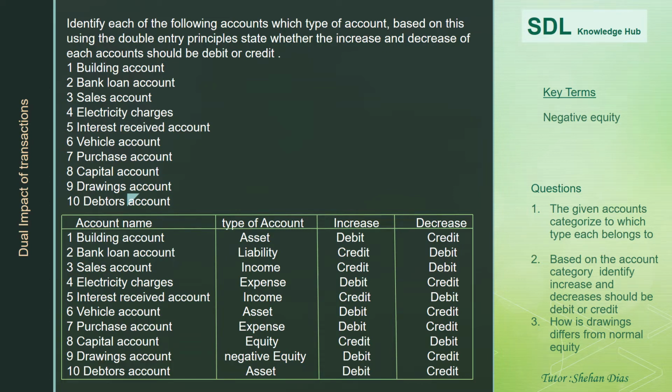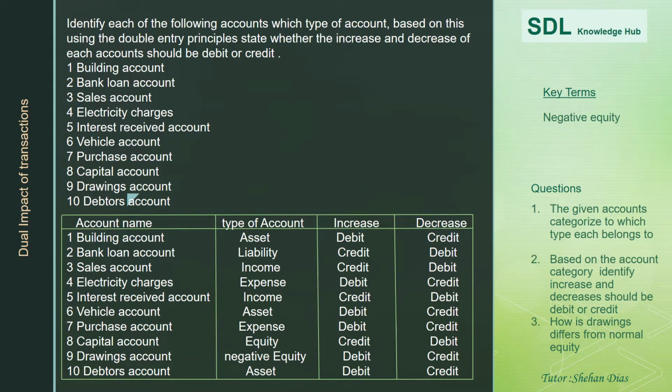The first one, building account is an asset, so therefore increase is debit, decrease is credit. Bank loan account is a liability account, therefore increase is credit, decrease is debit. Sales account is an income account, so increase is credit, decrease is debit according to the double entry principles.